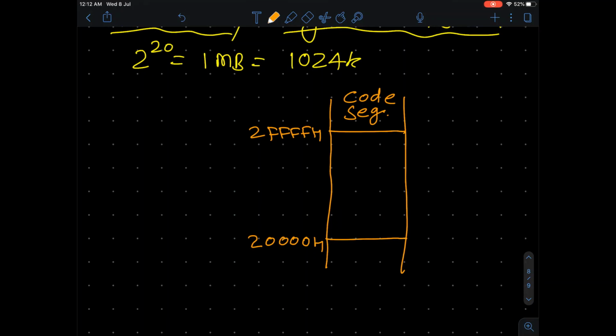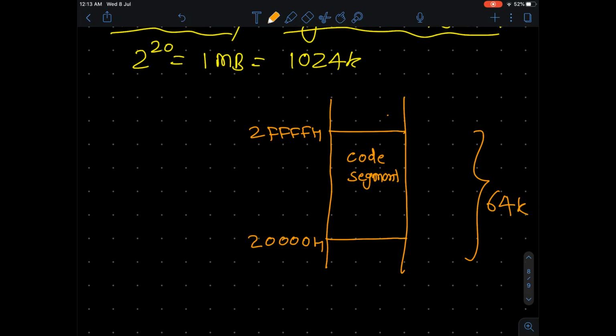This is the code segment. What is the size of this? This size is 64K.